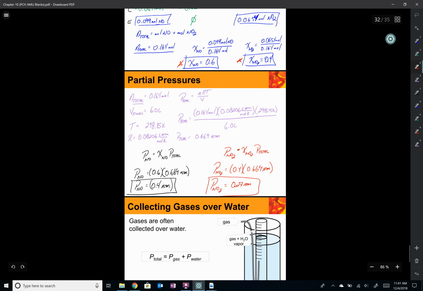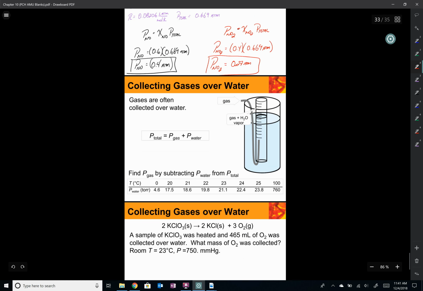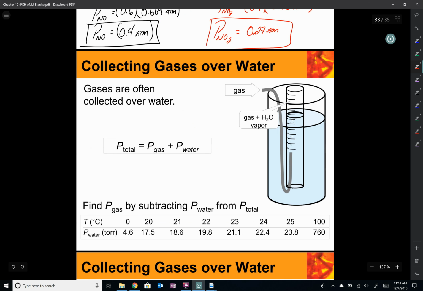One very practical example of this partial pressure is when we collect a gas over water. Water has a vapor pressure, and there is a table of data where we can pull information about the partial pressure of water at certain temperatures.